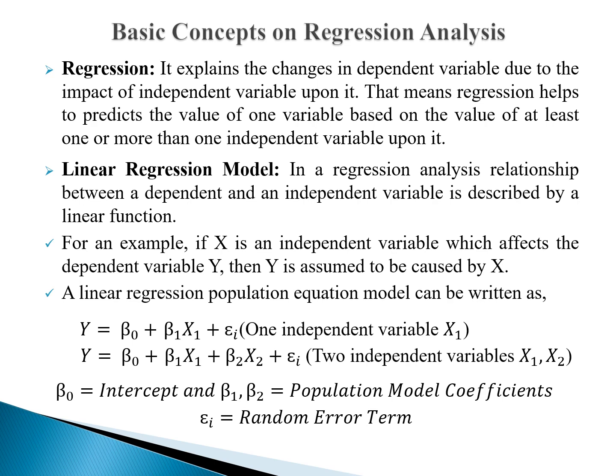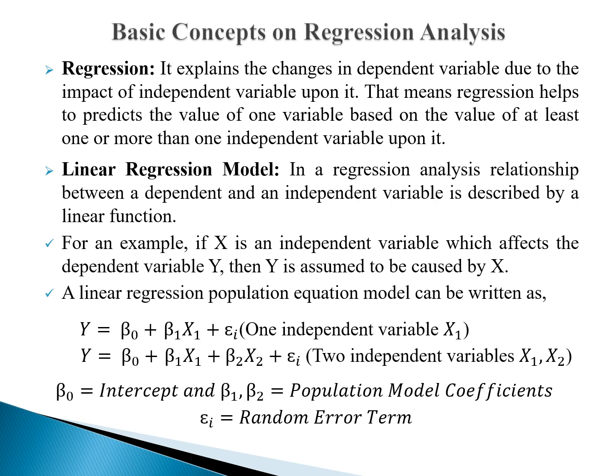For example, if x is an independent variable which affects the dependent variable y, then y is assumed to be caused by x. A linear regression population model equation can be written as follows, where y is equal to beta naught plus beta 1 x1 plus eta i, represented in terms of one independent variable only, which is x1.